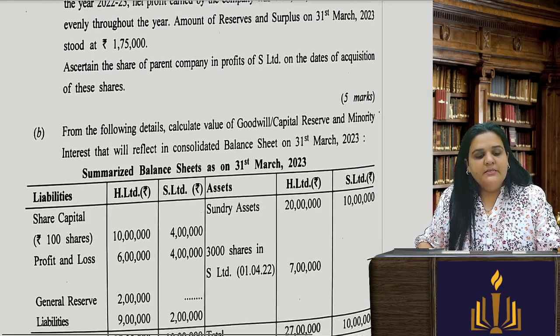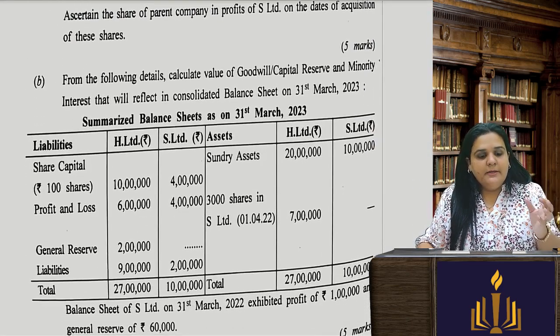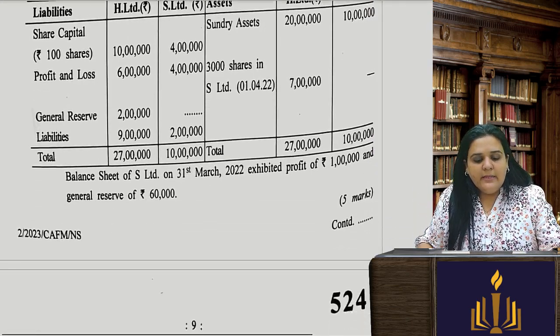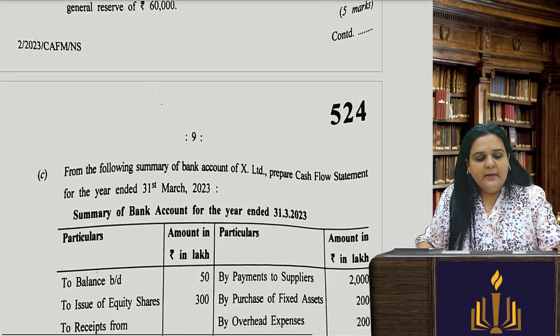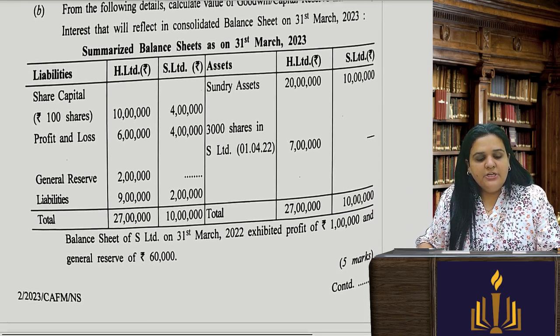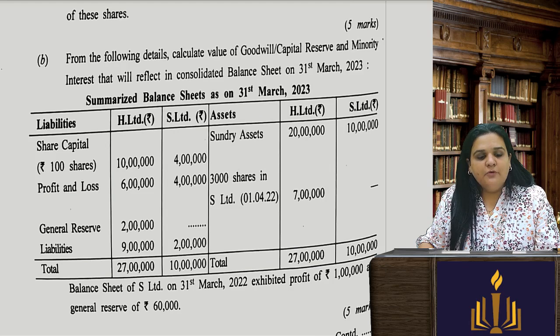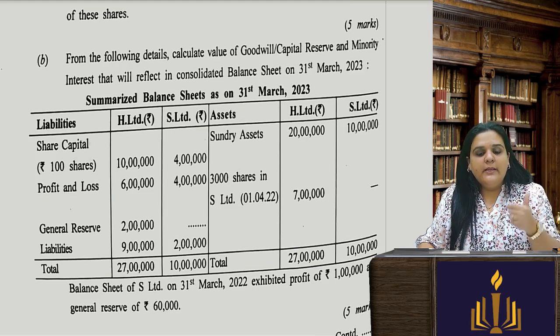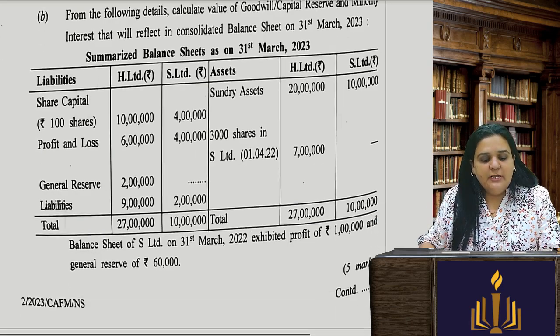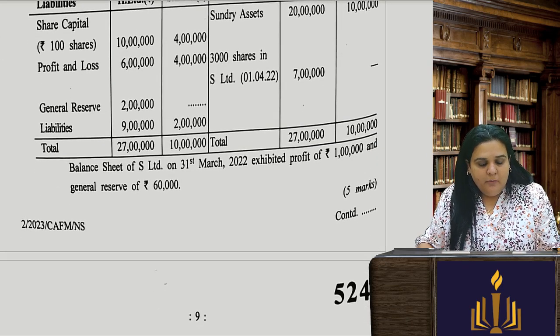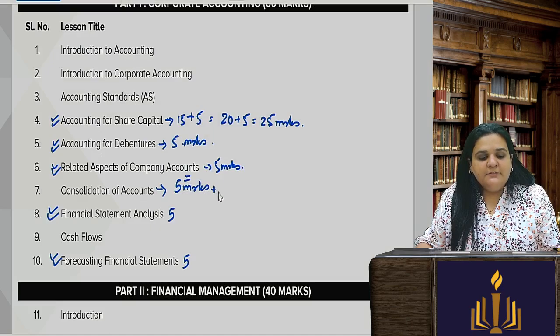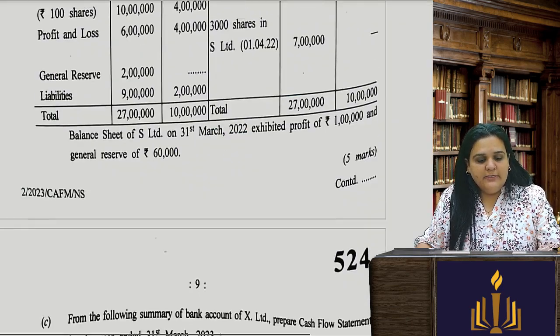Next problem is also holding limited, subsidiary limited, wherein they have asked you to find out, okay, balance sheet of S limited exhibited profit. So they were asking you to calculate the goodwill and the capital reserve and minority interest with the help of balance sheet and the other details which they have provided. So 5 plus 5 marks again for consolidation.